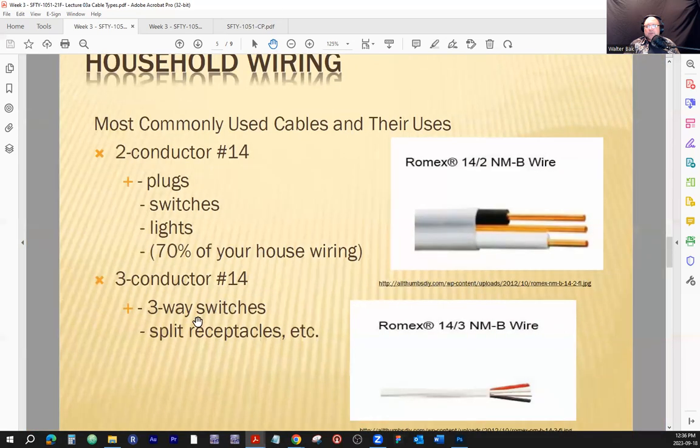It's used mostly for 3-way switches and split receptacles. We will talk about what a split receptacle is later on, and we are going to study what a three-way switch is.